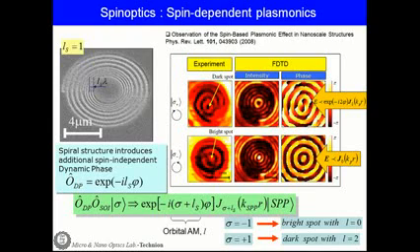In this case, we realized an L structure, which is equal to a 1 lambda jump in this spiral phase, and we illuminated it with spin up and spin down. For spin up, we observed a dark spot, which is a signature for orbital angular momentum, and for spin down, we observed a bright spot, which means no orbital angular momentum of the surface wave.